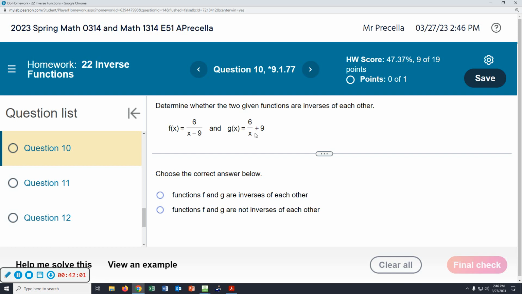Let me write them down. This is number 10. Are f and g inverses?